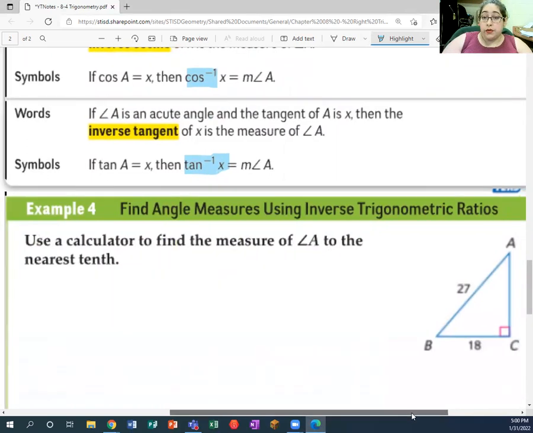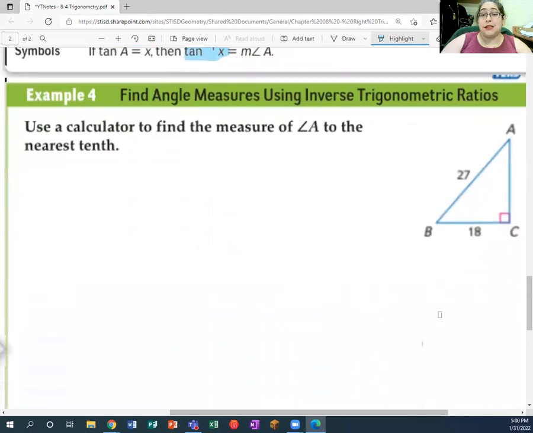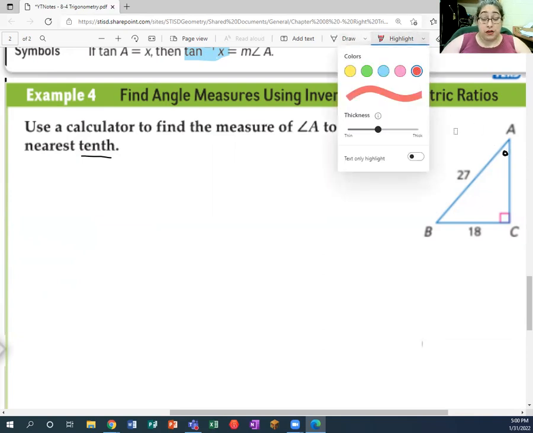All right, so example 4 asks us to use the calculator to find the measure of angle A to the nearest tenth, so one decimal place. Here's angle A, and now I need to decide what information I've actually been given.